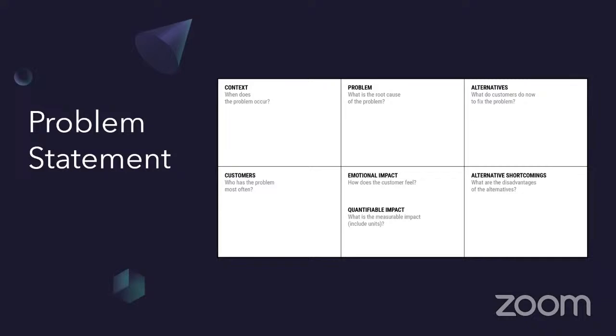Okay. For the context, when does the problem occur? What do you think? When do we have the problem that you are going to solve? Let's give you 1 minute to write it down. And if you can share it through the chat, this would be good.